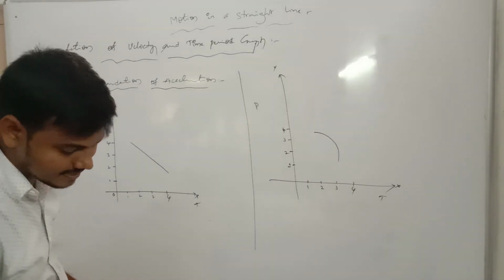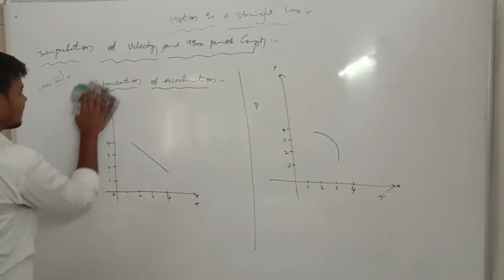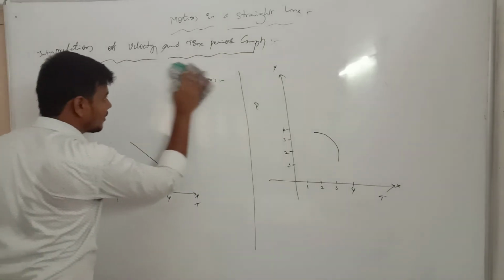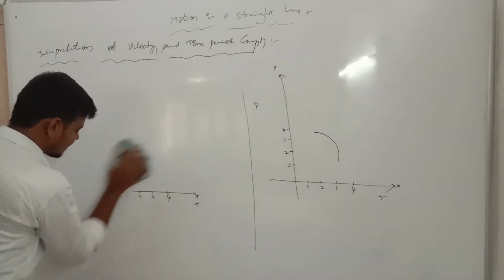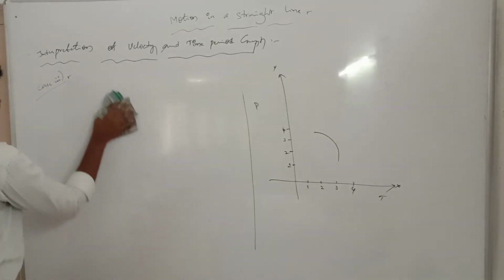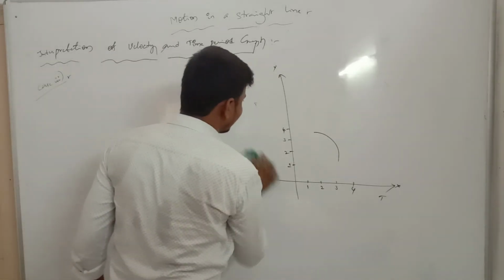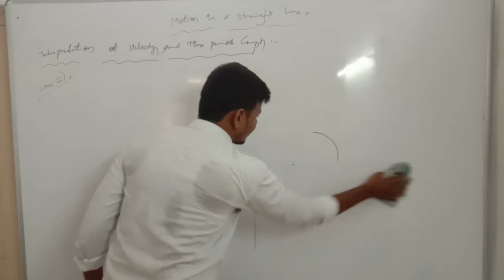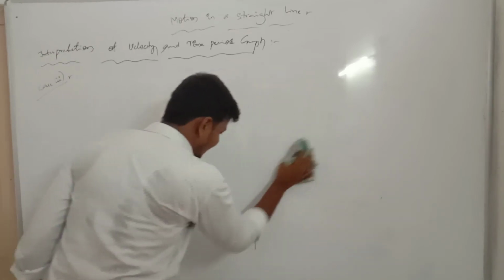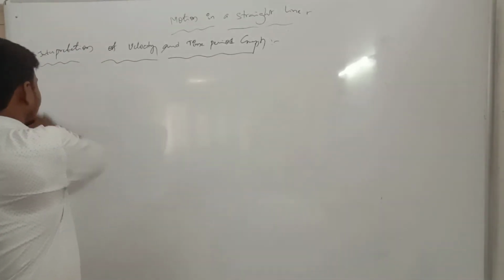Case 4 means negative acceleration. Very important one. Now what is negative acceleration? How can we manage it? Case 4.